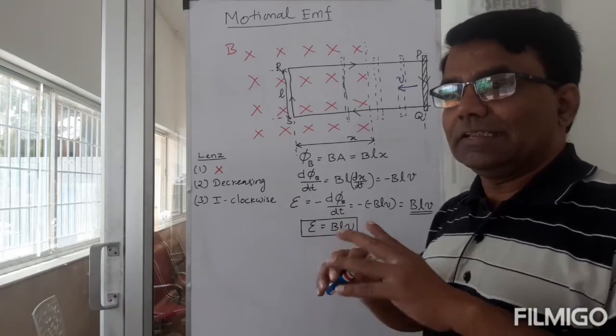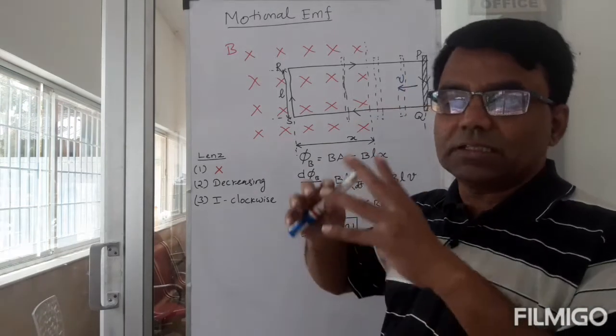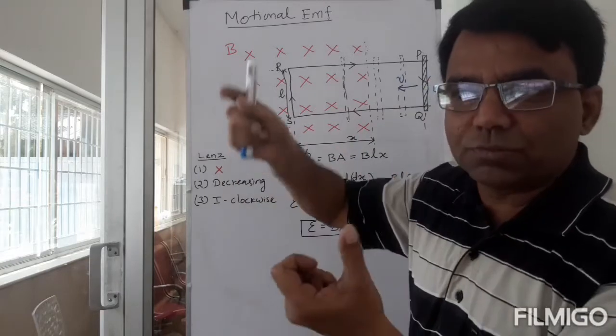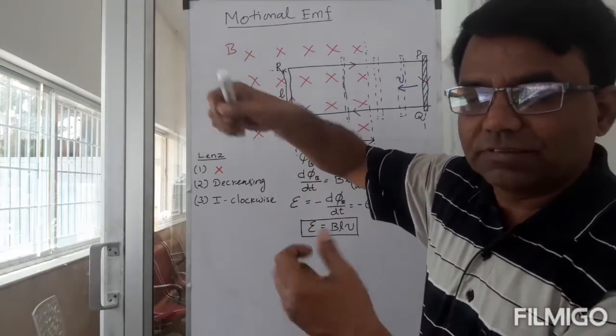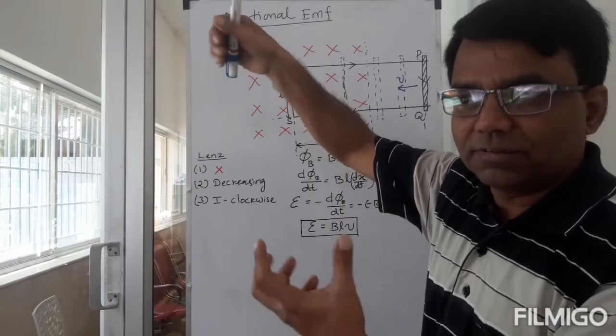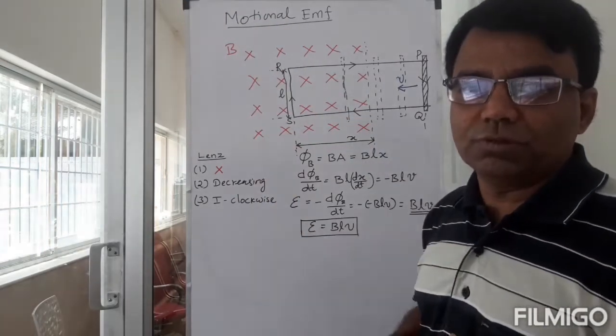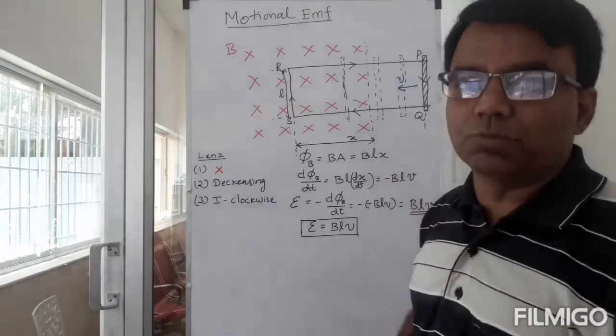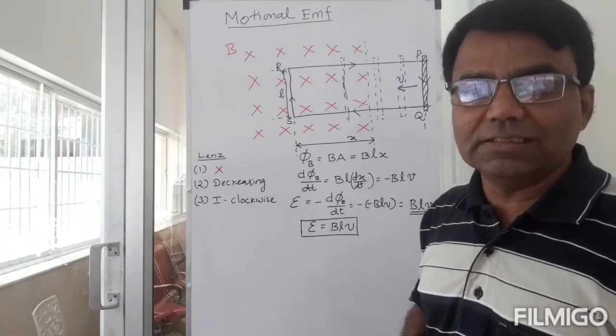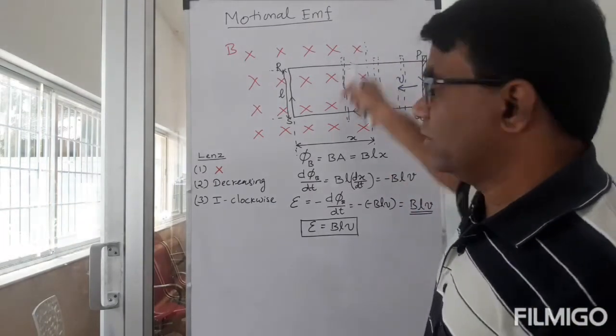But the nucleus and the bound electrons cannot move away because they are held by the interaction of other forces. Only the free electrons in the rod are free to move.